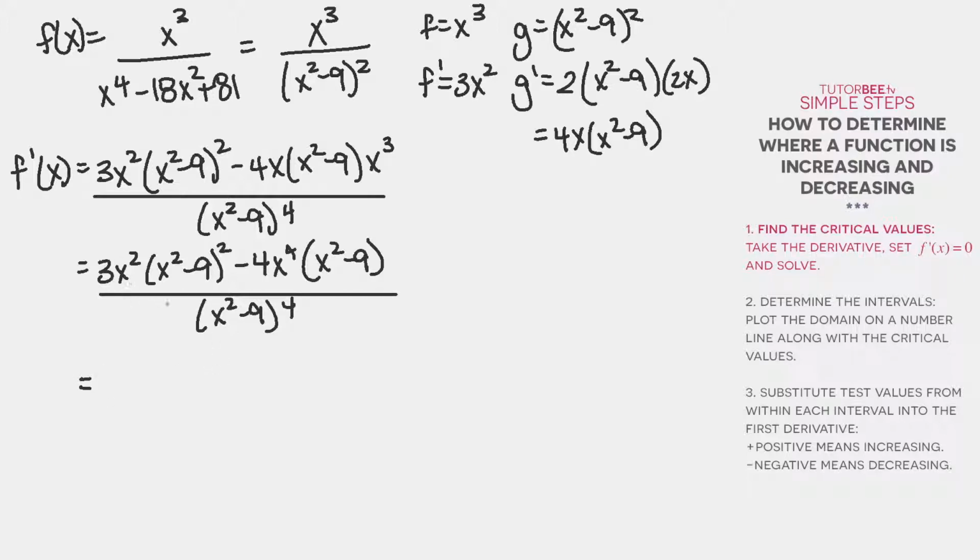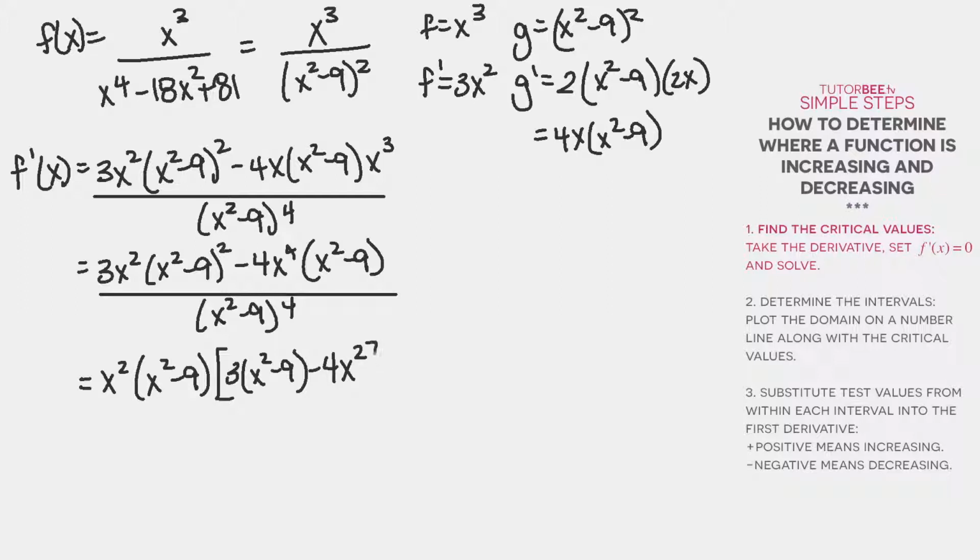Okay, so we can clean up the top by factoring. You can see that we have an x squared in common, and we have an (x squared minus 9) to the exponent 1 in common. What are we left with? We're left with 3 times (x squared minus 9) from the first one, and from the second, we still have the minus 4, but times x squared now.